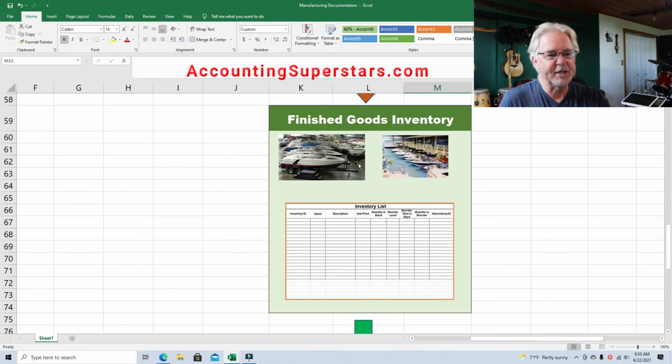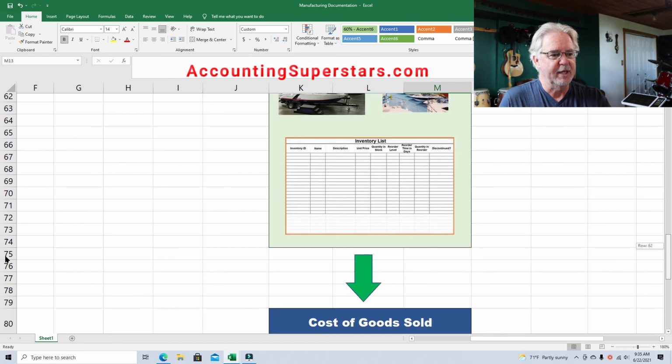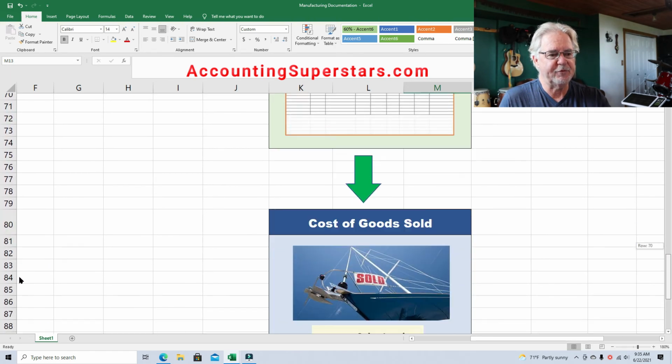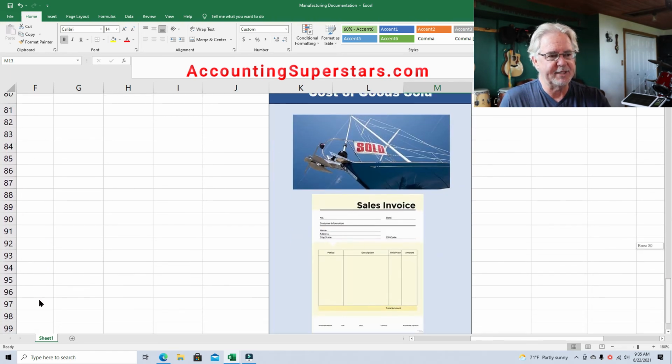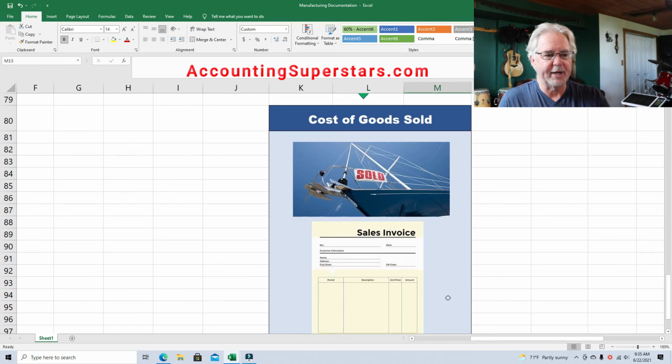Now, when one of these boats is sold and a customer comes and picks it up, and we have cost of goods sold. And of course, the salesperson will write up a sales invoice. Now, the sales invoice is written at retail price. It's not written at cost because most customers, they don't know how much it costs the company to build the product. Oftentimes, you don't want customers to know that. But it's listed at retail price.